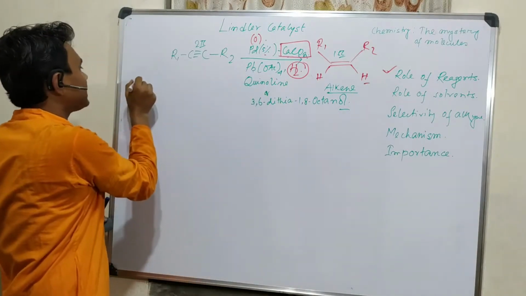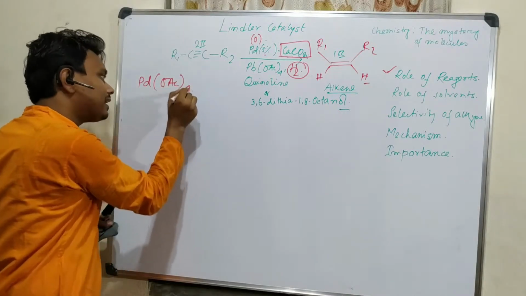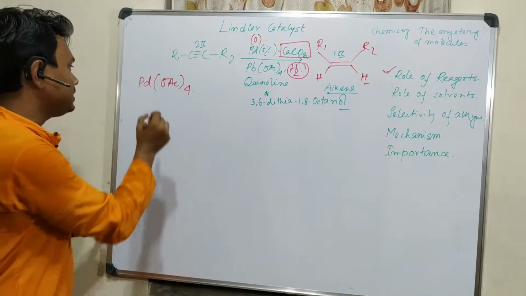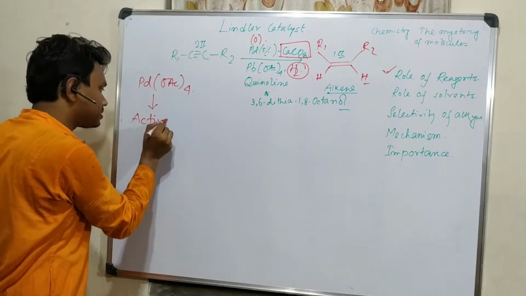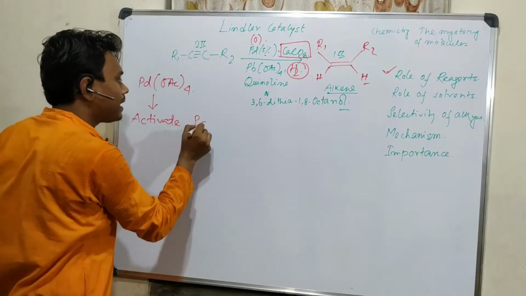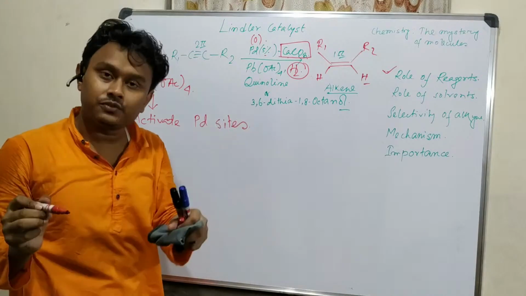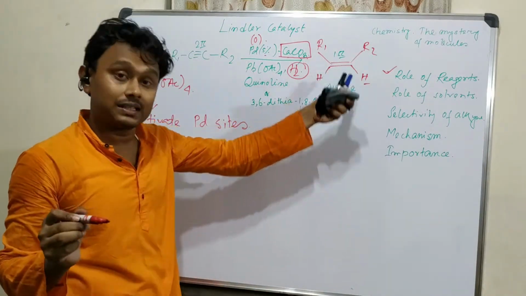Next is lead acetate. What it does, actually I told it's palladium 0 nanoparticle, it helps to activate those palladium sites which can provide selectivity, I repeat selectivity, for the reduction of this alkyne.